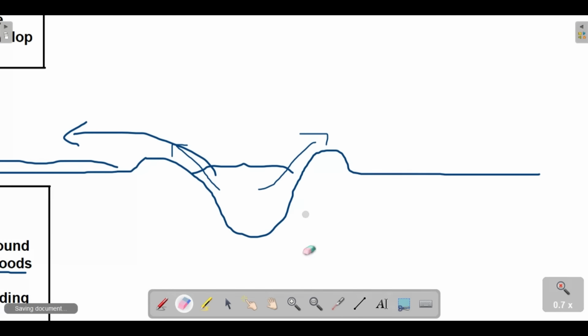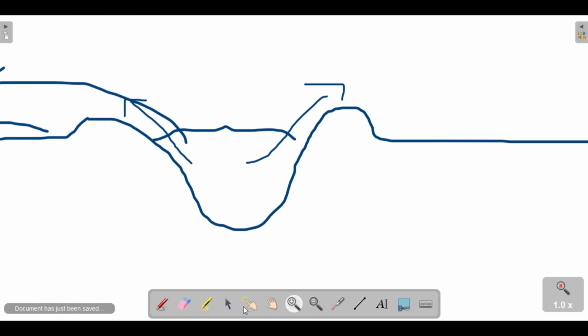It is going to remove materials. The flowing water is going to transport some materials with it, and particularly coarse material will be dumped right next to the river.